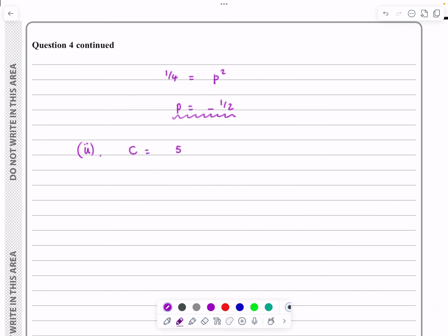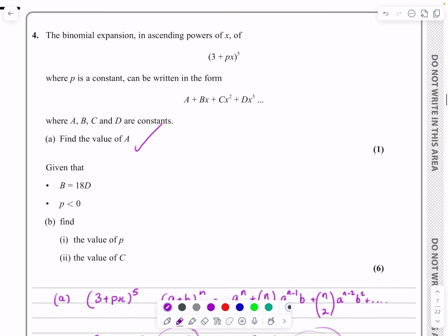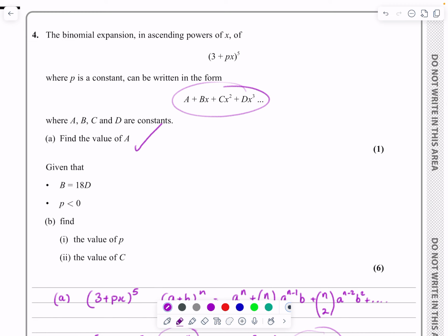C is going to be 5C2, 3 cubed, p squared x squared, but just p squared as far as we're concerned, and we know that p is equal to minus a half, so 5C2, 3 cubed, minus a half squared, and so again, if we calculate that, C works out to be equal to 135 over 2. So the standard methods for binomial expansion, but written in a slightly different way in terms of working out all those constants, but not that different, and hopefully that all makes sense to everybody.